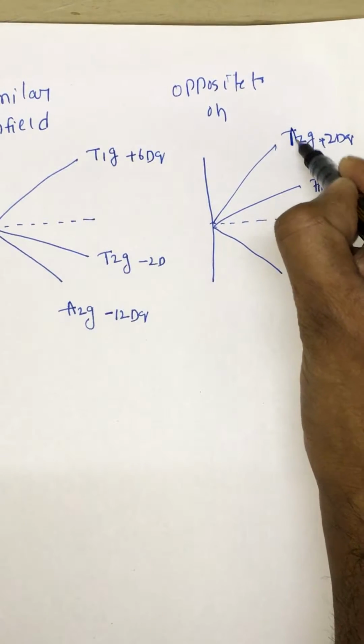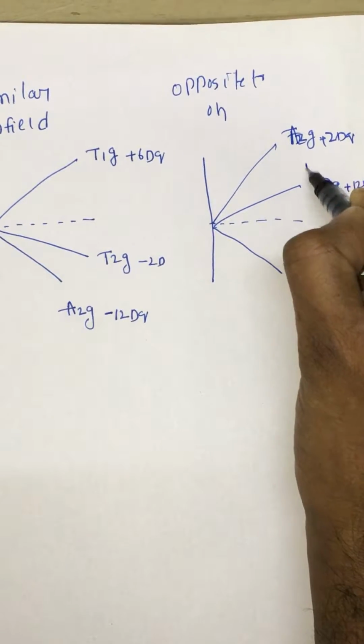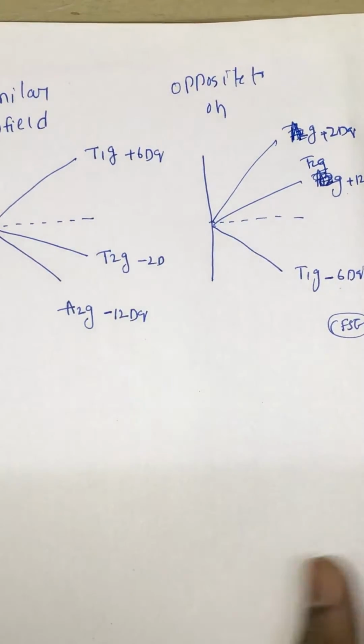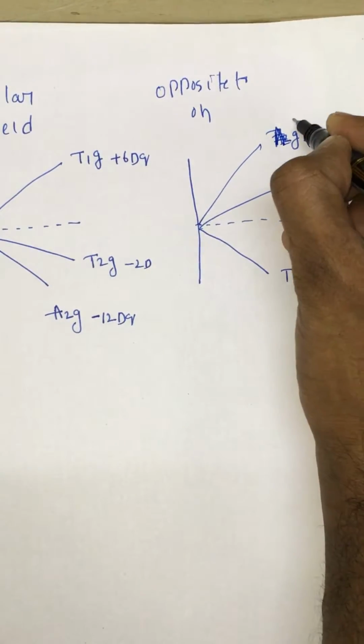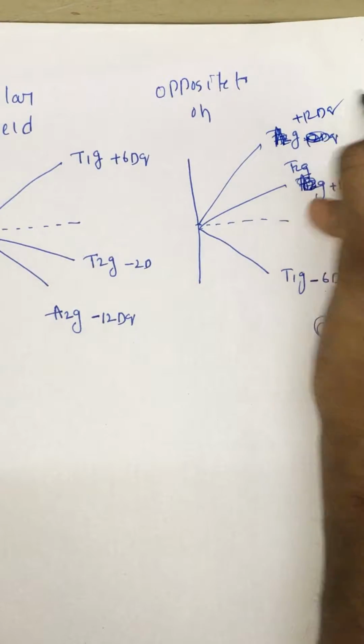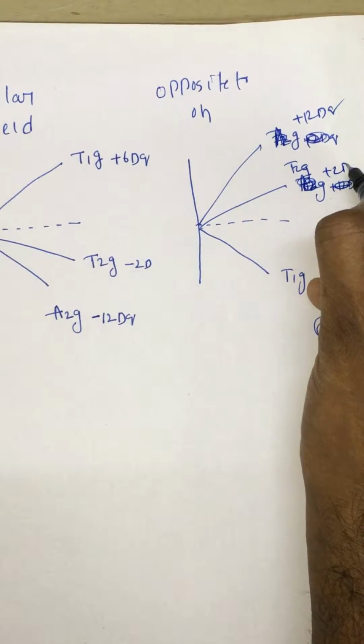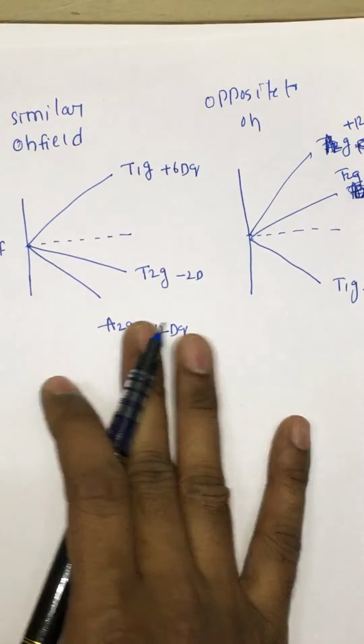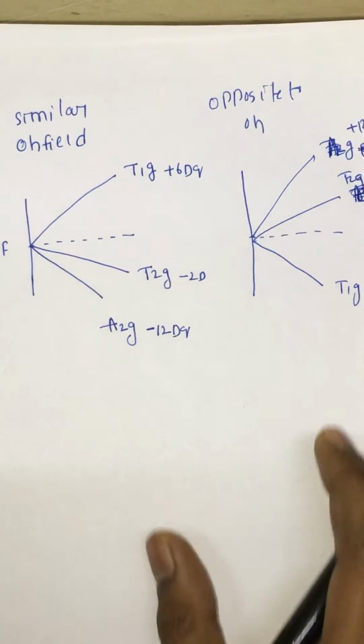Sorry, this is A2g, this is T2g. So this is A2g and this is T2g, and the energies will be plus 12 Dq and plus 2 Dq. This is similar to octahedral field and this is opposite to octahedral field.